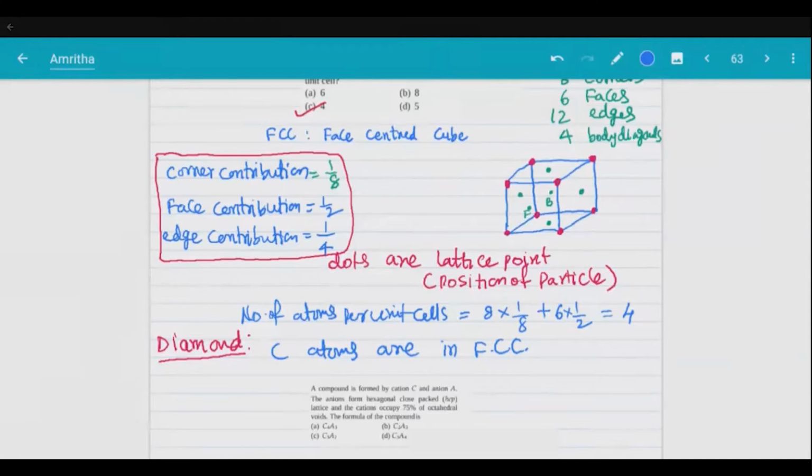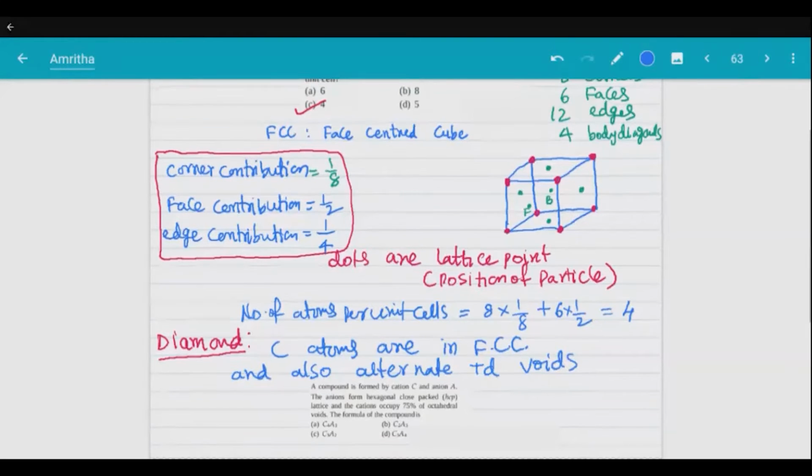But I'm not asking molecular geometry, I'm asking solid state structure. In solid state, how are carbon atoms arranged? So carbon atoms are in FCC, and also alternate tetrahedral voids. We'll discuss now.